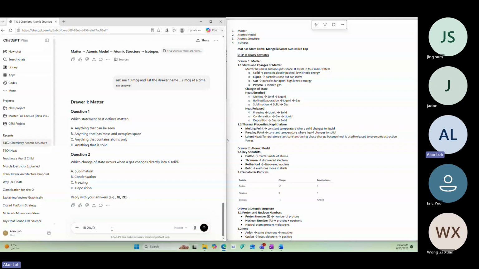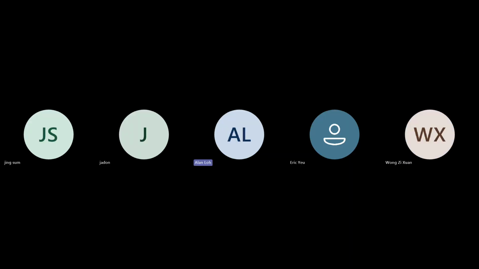You cannot see the question? What do you see? Do you see anything? Okay, let me share again. Stop sharing and share again.